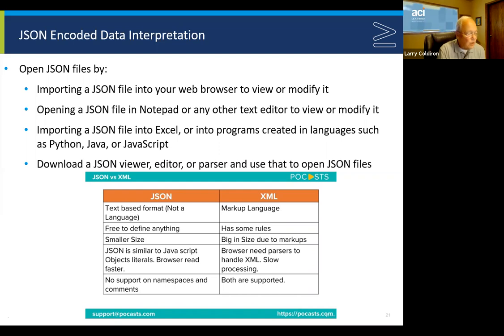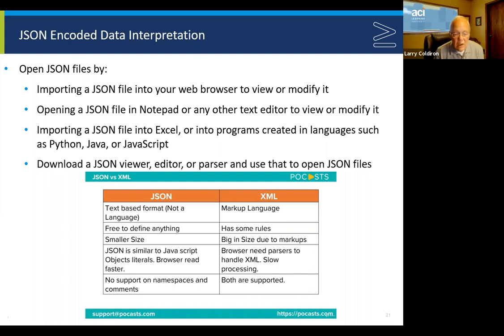The differences between JSON and XML: JSON is text-based, XML is a markup language. JSON can define anything, XML has some rules. JSON is similar to JavaScript, browses and reads faster, and the browser needs parsers to handle XML, which can be slow in processing.